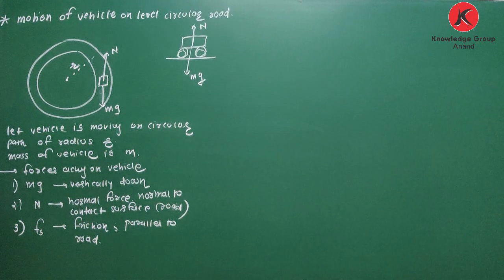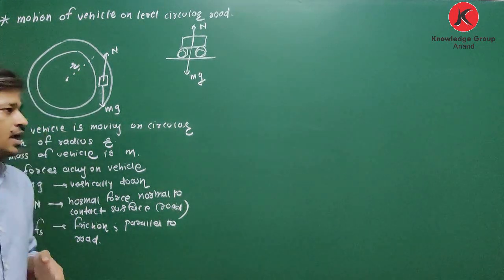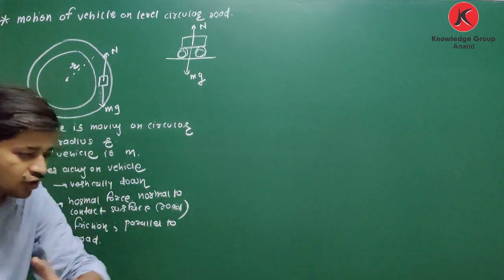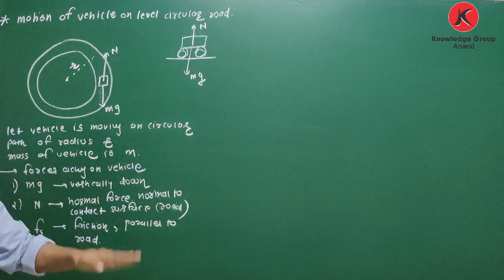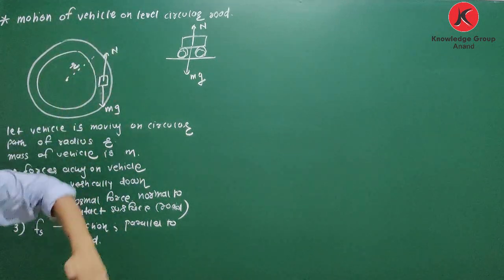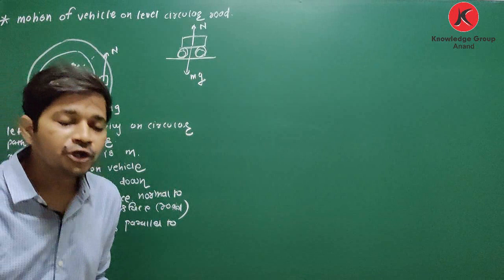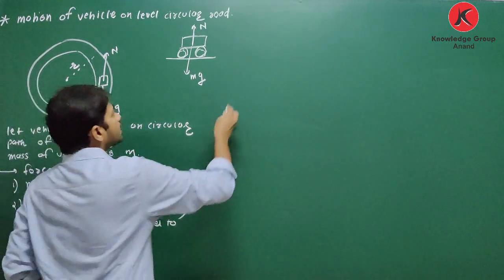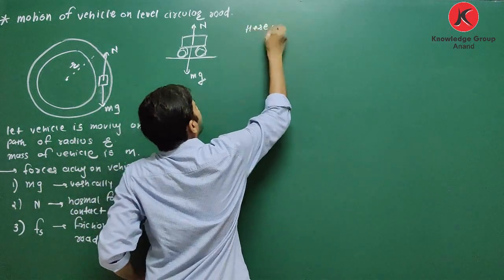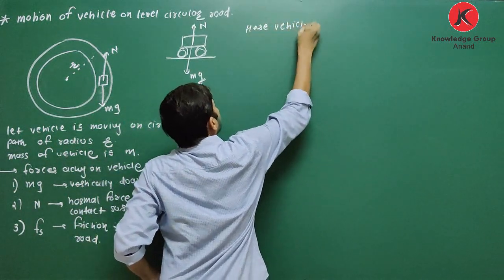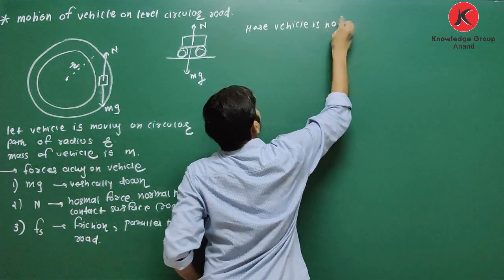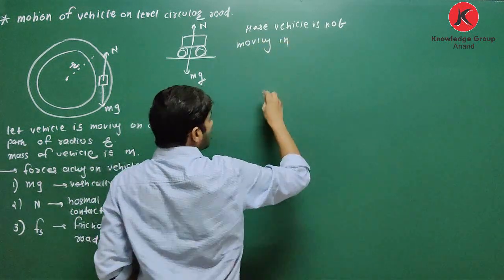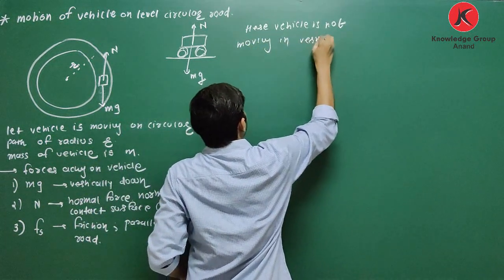Now, if you have observed, on a level circular road the vehicle is moving in a horizontal plane only. Is it moving in the vertical plane? No, it is not moving in the vertical plane.